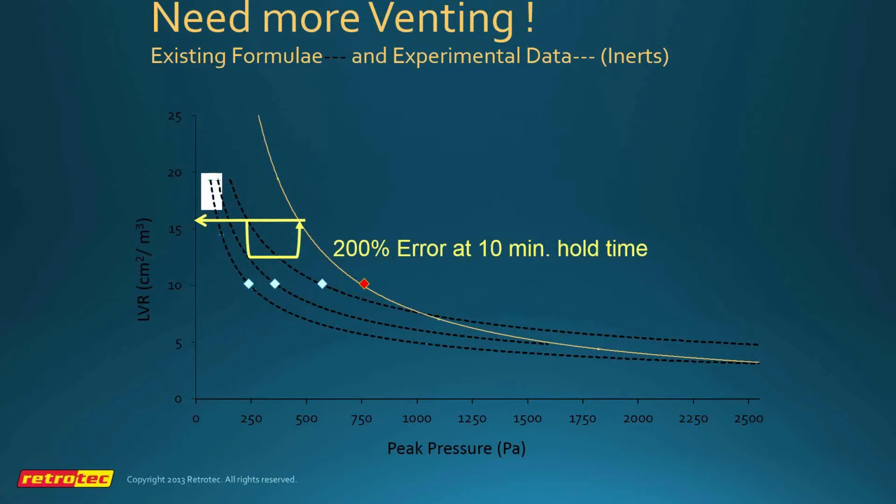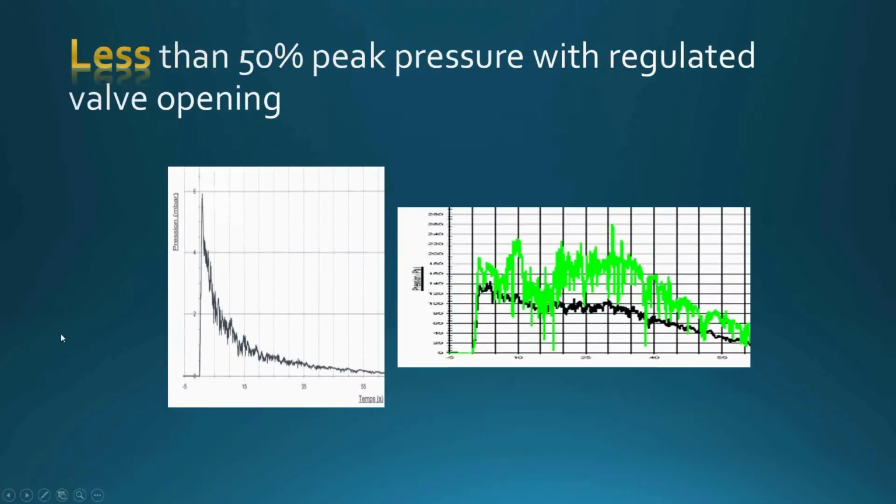So what that means is that the existing venting formulas that we are using and continue to use are out by 200 to 400%, meaning we will get 2 to 4 times as much peak pressure as the existing equations tell us that we're going to get.